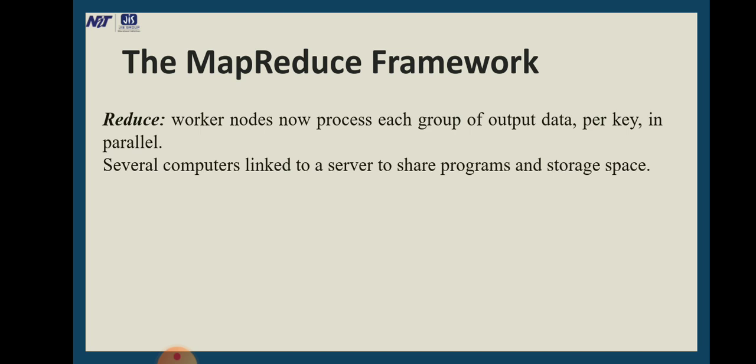Similarly, the shuffle step could sometimes be sped up by assigning reduce processors that are as close as possible to the map generated data they need to process.